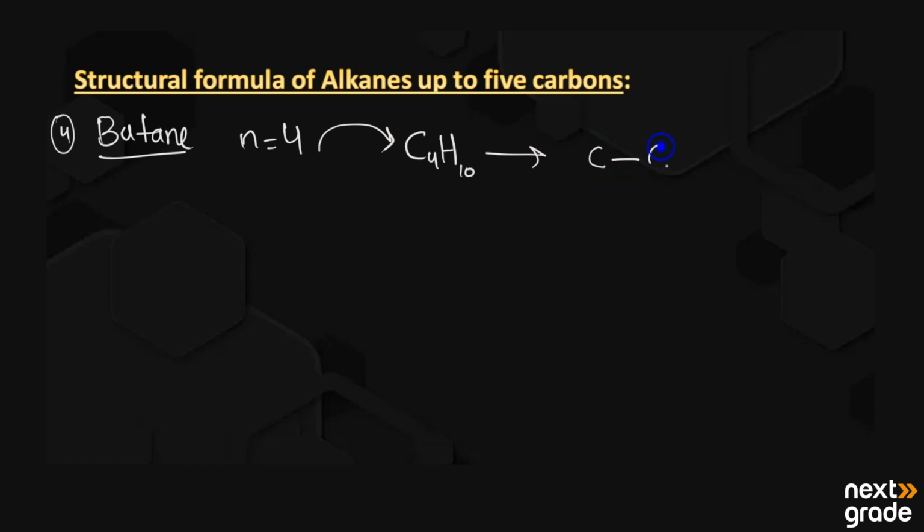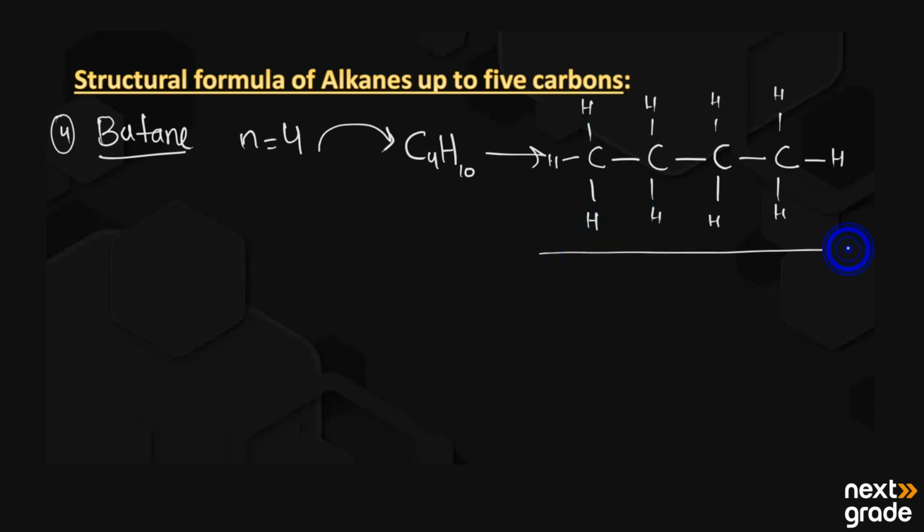We have 4 carbon atoms in a line, around which we have 10 hydrogen atoms: CH3, CH2, CH2 and CH3. This is the formula for butane.